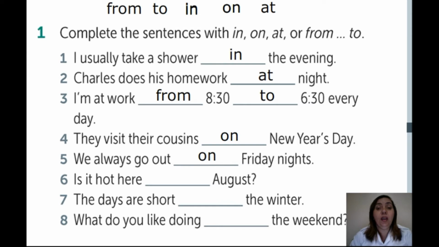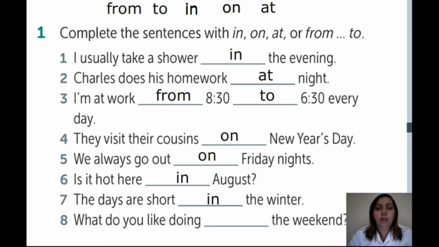Number 6, which is the preposition that we use before the word August, a month? Is it hot here? What is the preposition? Let's check. We use in August, right? So, is it hot here in August? Number 7, the days are short, the winter. What is the preposition we use before the seasons?